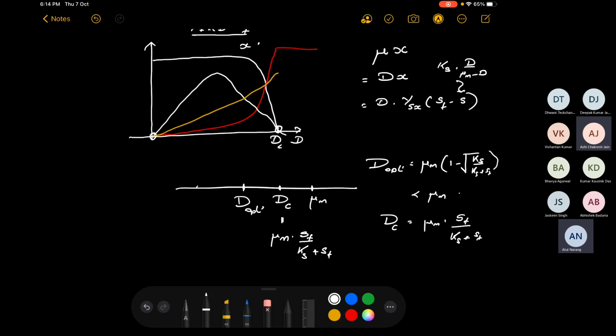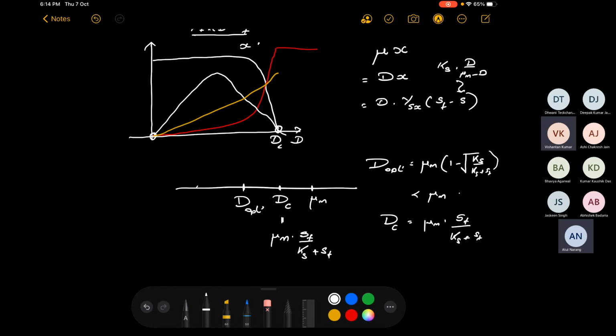So X max comes out as 5 grams dry weight per liter. Somebody just gave me the formula x0 plus Y_xs S0. What is the value of x0?